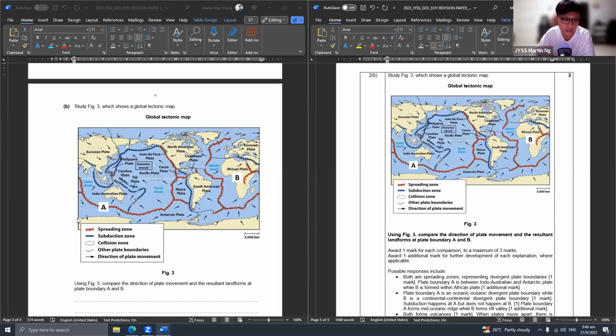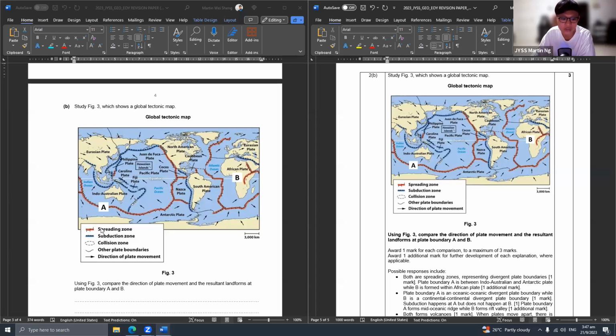And when 2 plates are moving towards each other, the denser plate will subduct into the earth. So the subduction zone is the area whereby subduction occurs, and this will also be the zone in which the plates are converging. They are moving towards each other.